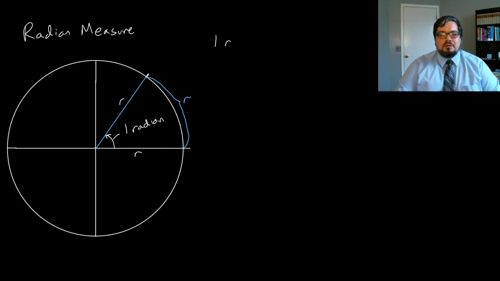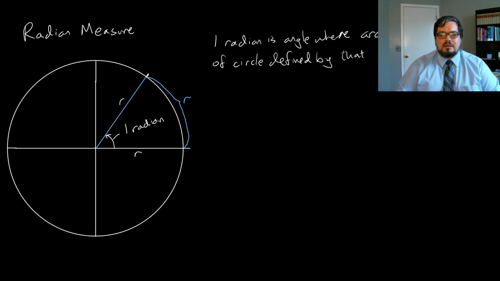So 1 radian is the angle where the arc of the circle defined by that angle has length equal to the radius of the circle.